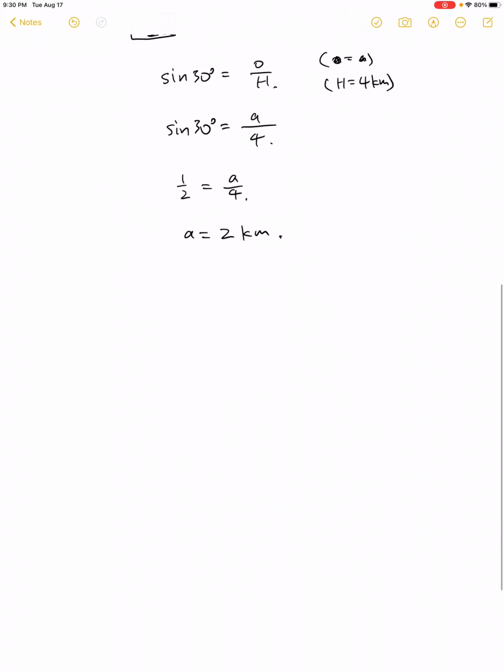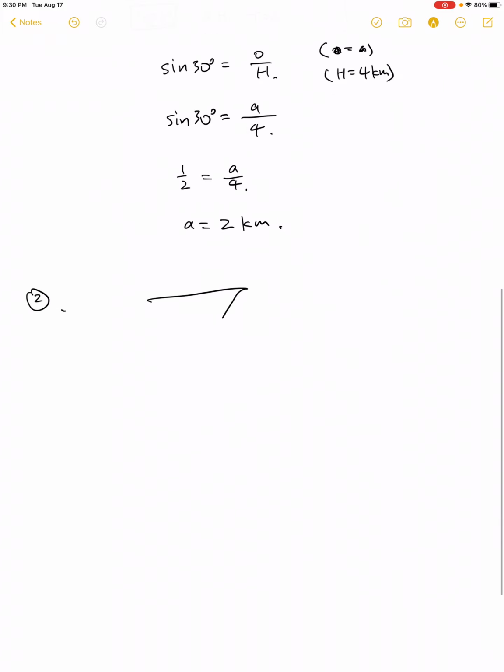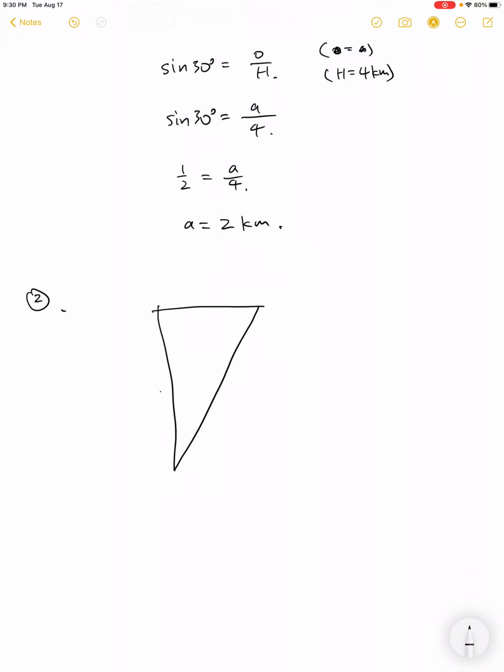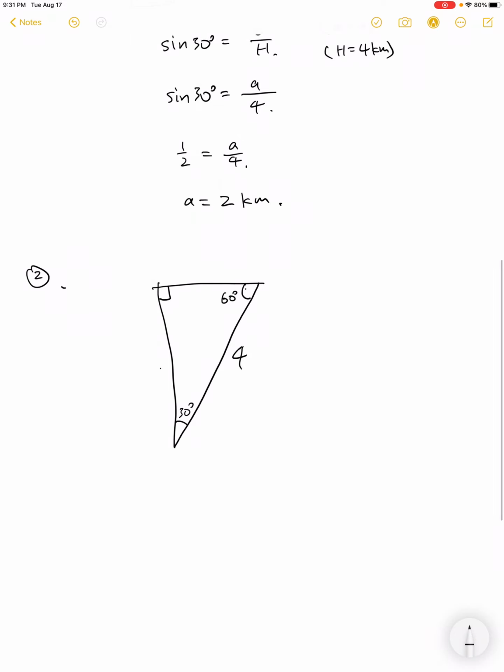But I'm just going to talk about a second way to answer this question. I'll draw my triangle again. This is a bit messy. I have a triangle with 30 degrees, and this length is 4, and this is right angled, so we know that this is 60 degrees because the internal angles of a triangle must add up to 180 degrees.